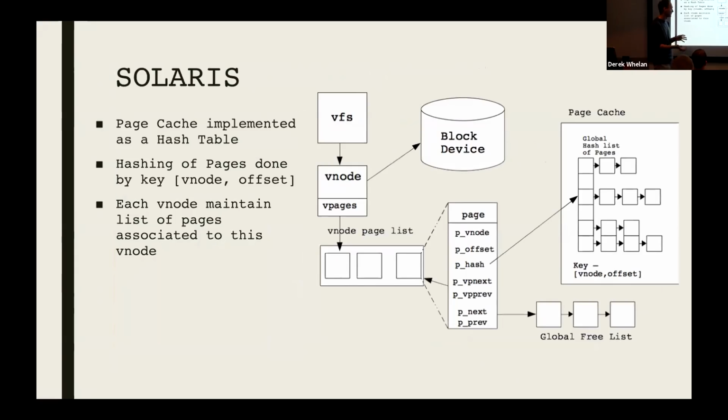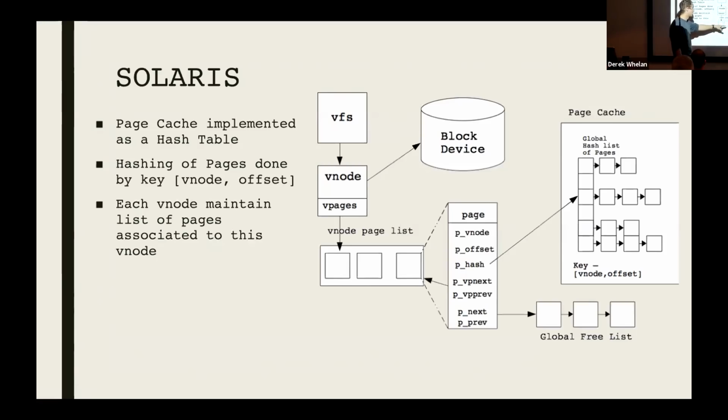So inode is on Linux, vnode is on Solaris and System V type operating systems. Every vnode has its own page list. So basically all the pages that are connected to the file, because we have to represent the file, are in a linked list. Also, vnode points to the log device from which we fetch the files.